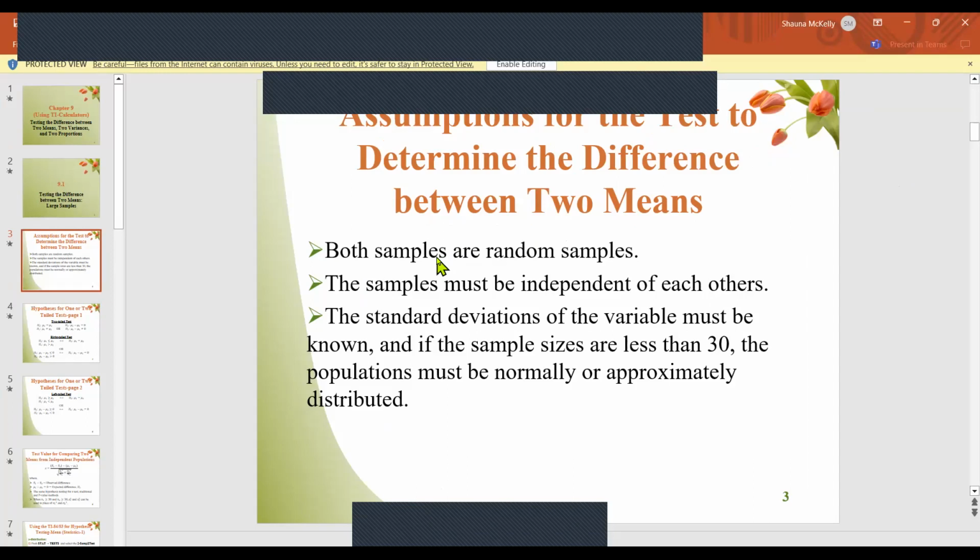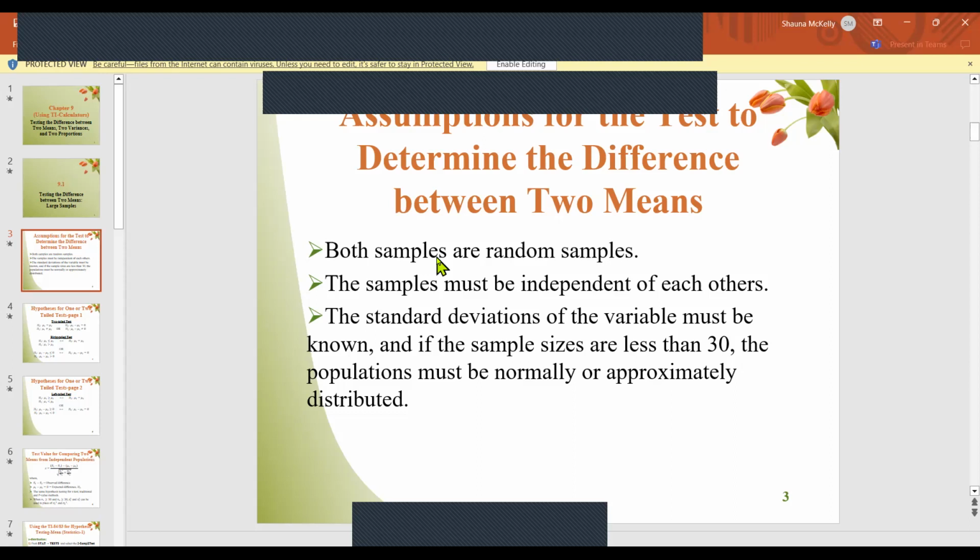Each bullet point is an assumption. Both samples are random samples, that's the first one.